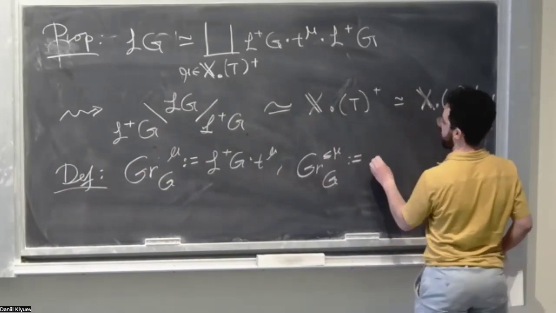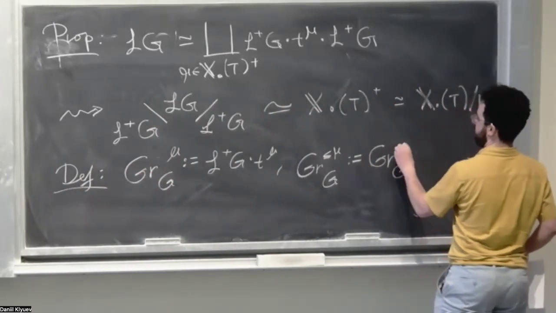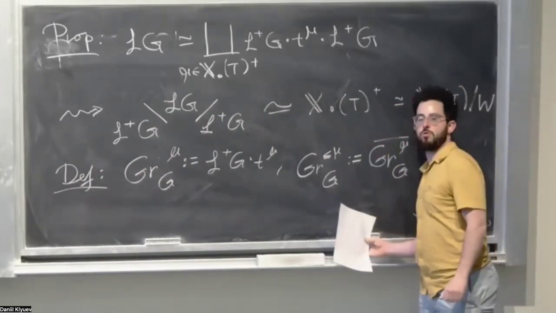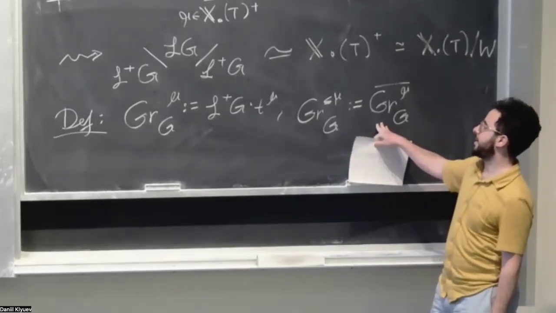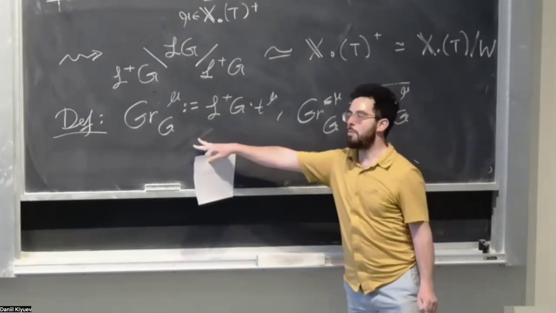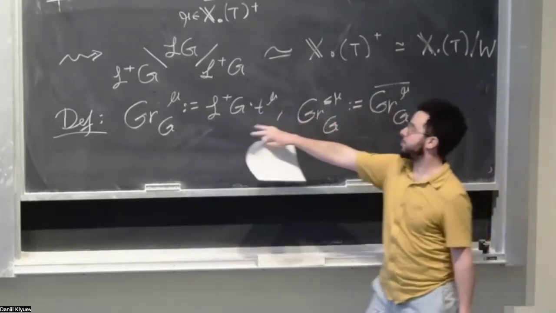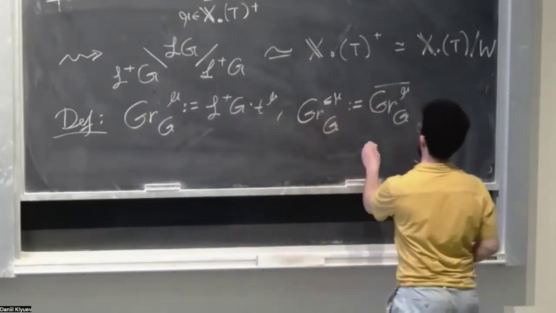So this is like the open cell, and then the closed cell is going to be the closure of that. I'm writing it as less or equal because we have the same result as in the finite case, which is that the closure is exactly the union of all open cells with co-weight less or equal than the given co-weight.